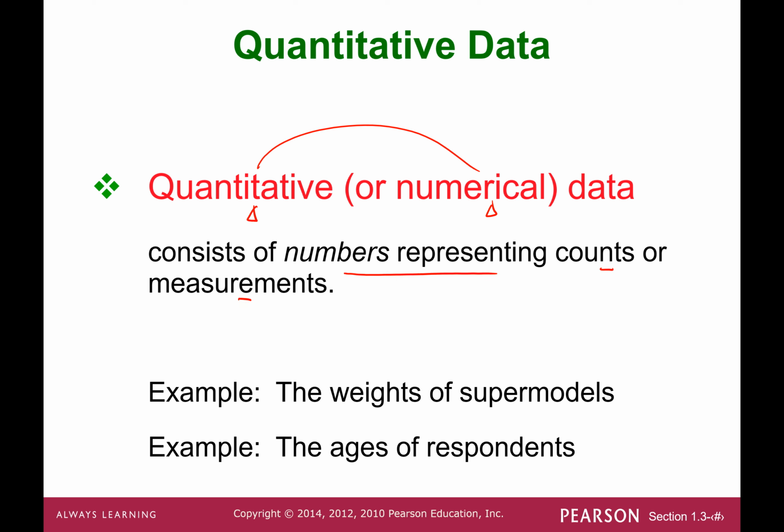So for example, you can say the weight of supermodels, let's say 100 pounds, 101 pounds, something like that. They definitely are numerical data, used to represent the characteristics of the weight of the model. And also the age of the respondents, that's definitely numerical data.